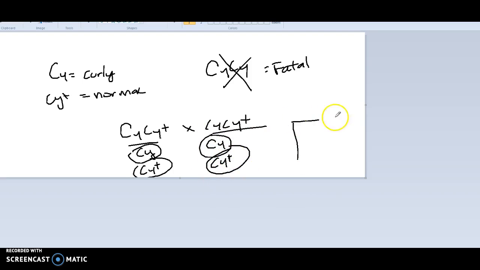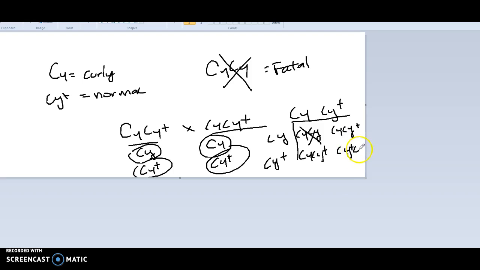And then we cross them. Okay, that's fatal. Curly winged. Curly wing, normal. So the answer would be A, we'd have wild type, and then we'd have curly wings.